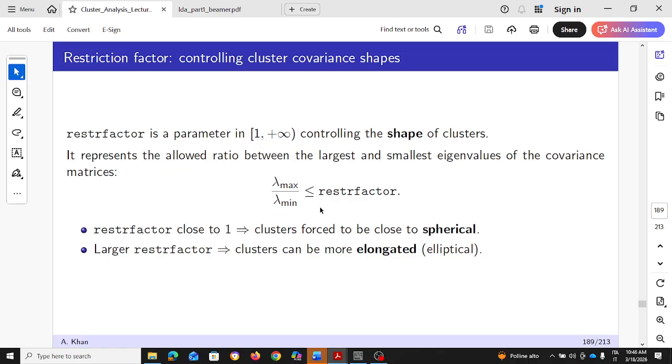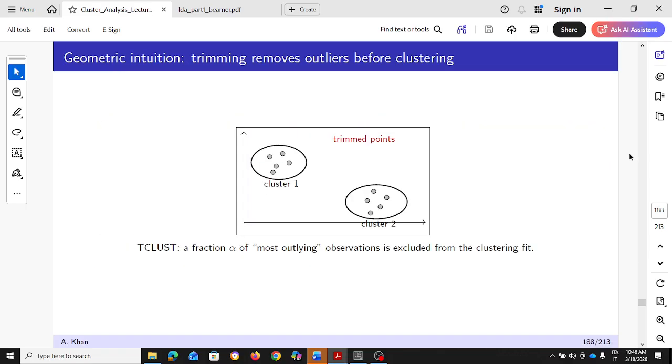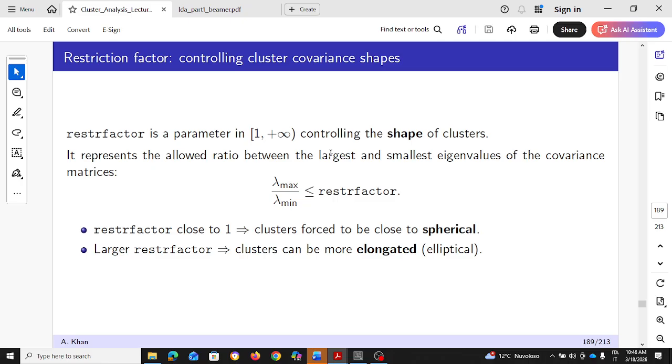Now the last option in this function was restrfactor, to control the shape of your cluster, to control its variance. It is the ratio of the maximum and the smallest eigenvalue of the covariance matrix. Basically the eigenvalues give you a way to control the variance in the data. If the eigenvalues are equal, this means the variance is constant.